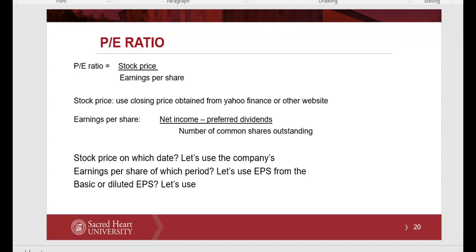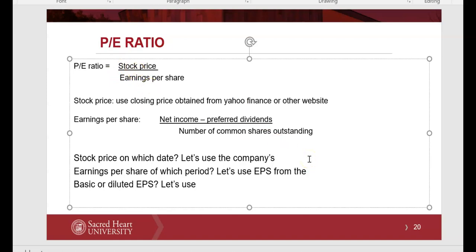So we have to make some decisions when we're actually going to use these metrics. Stock price on what day? Now, if you look in a finance textbook, it'll say stock price today. So really we see these measures depend on our use of days. For our purposes, let's try to match the stock price to the date of the earnings per share.